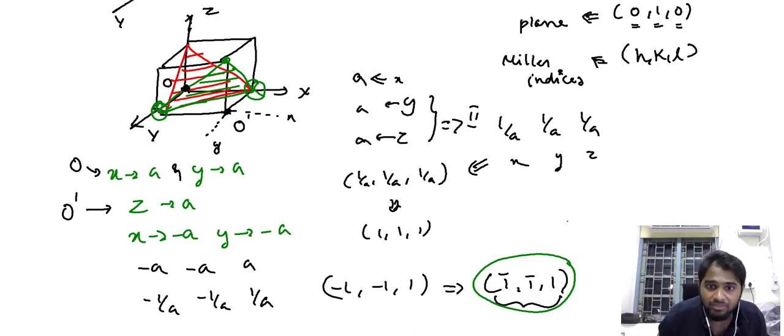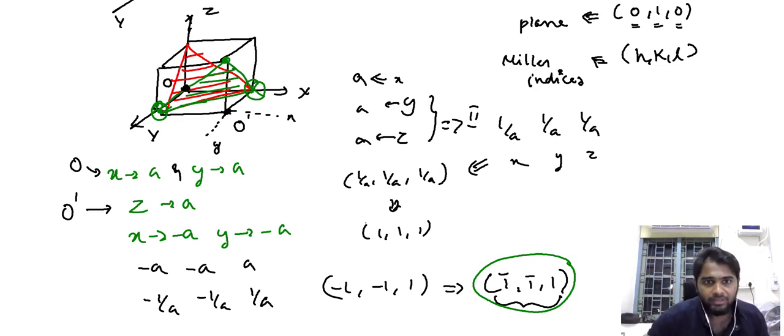So when we want to describe the green plane, we have to shift our origin, and the resulting expression for the plane in green would be 1 bar 1 bar 1. So it is not always that when we are describing a plane within a unit cell, we will fix our origin. We would have to shift our origin when we want to describe a plane within the unit cell.